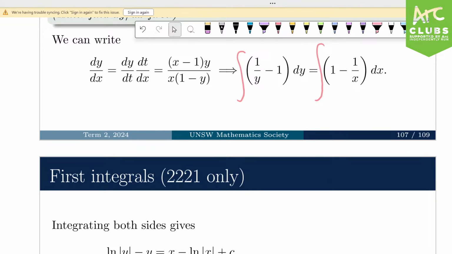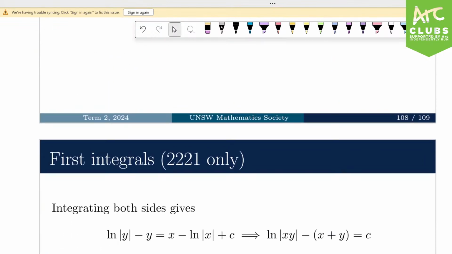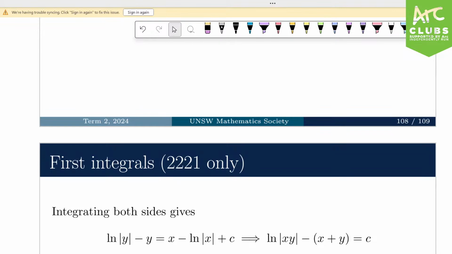Okay. We want our thing to equal a constant. We want g to be constant for everything. So we move everything to the left side, except for the constant. So we throw the ln x over to the other side, and we throw the x over here. So ln y plus ln x becomes ln xy. And then minus y minus x just becomes minus, and then we'll throw x plus y in brackets.